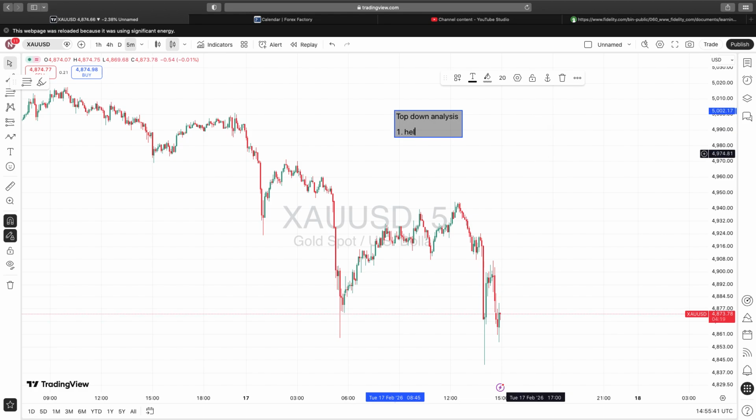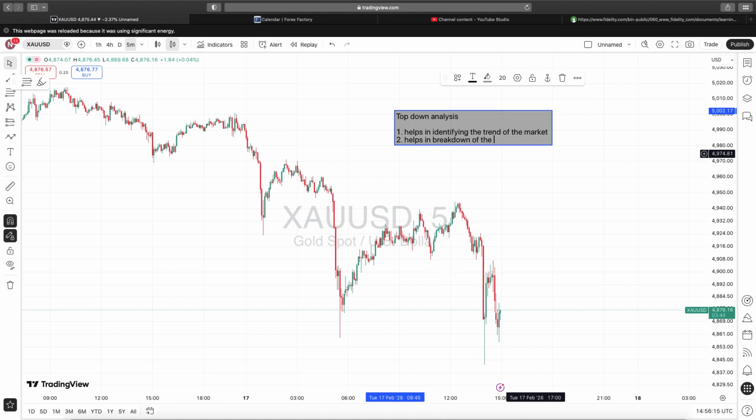Now, what is the importance of top-down analysis? One, it helps in identifying the trend of the market. Second, it helps in the breakdown of the strategy.